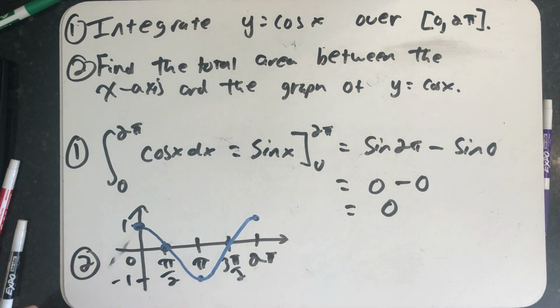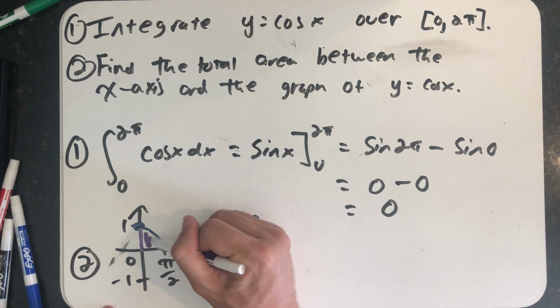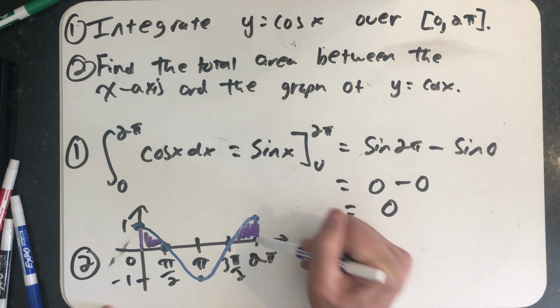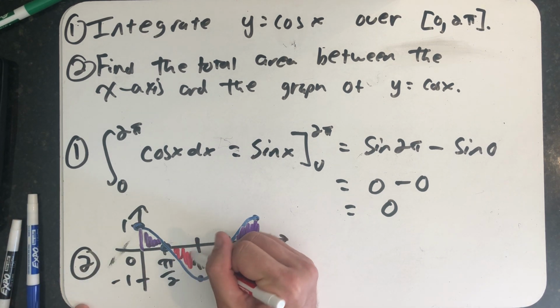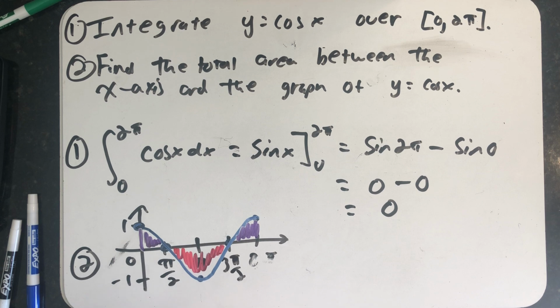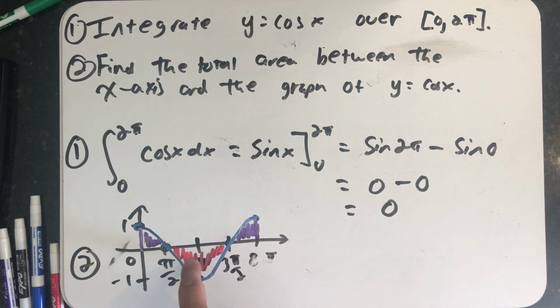And if we think about what we just integrated, we'd get this area and this area, but we'd be subtracting off the area we just shaded below the x-axis. And if I think about the shape of cosine, this purple area I shaded would be the same amount of stuff, so when I subtract them, I get 0.